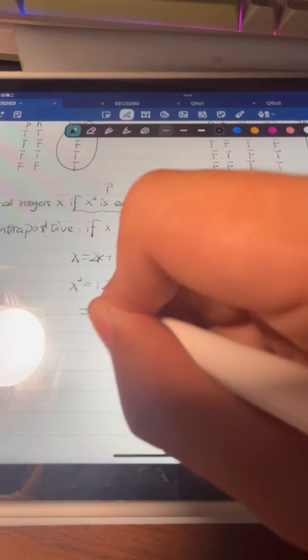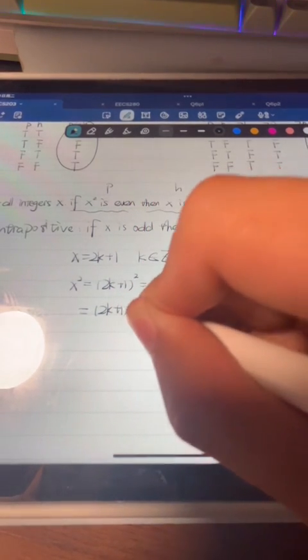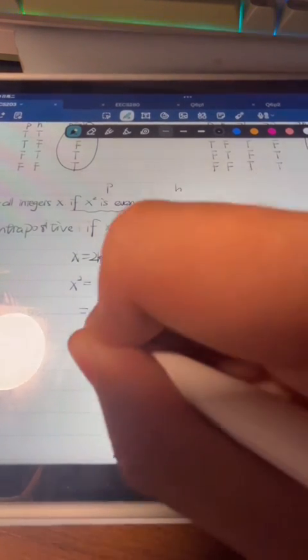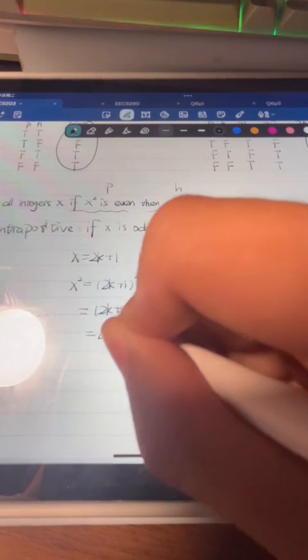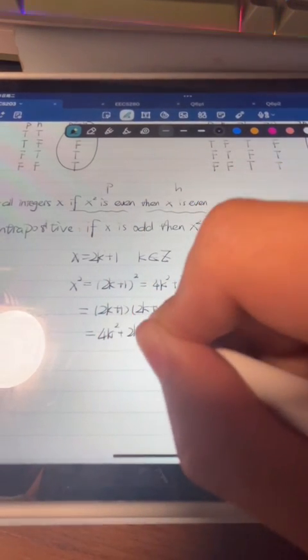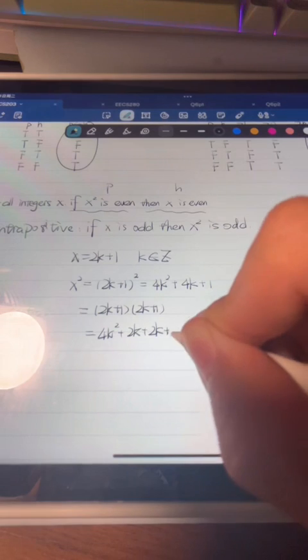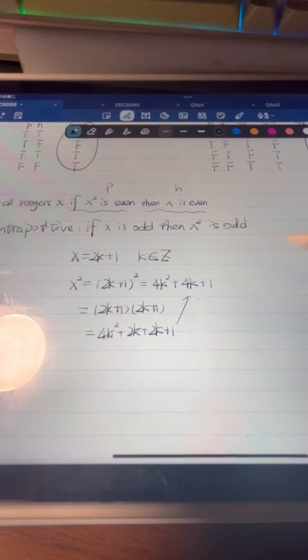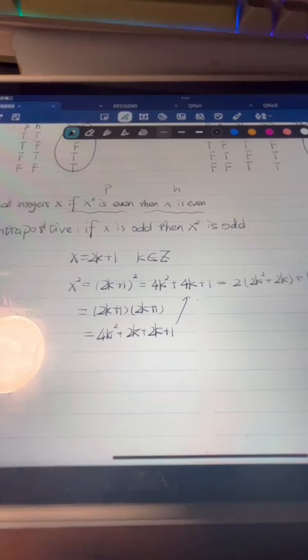Expanding 2k plus 1 times 2k plus 1, this is 4k squared, then this is 2k, and another 2k, plus 1. So we can say it's 2k squared plus 2k, and plus 1.